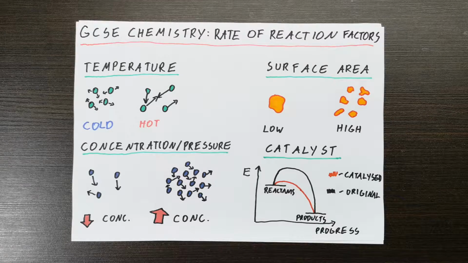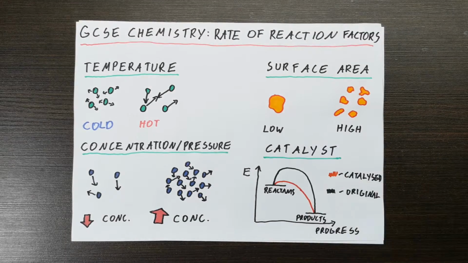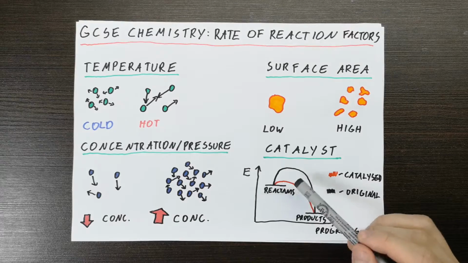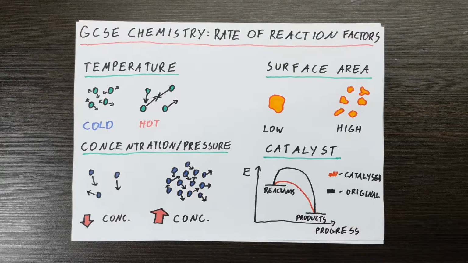They need to collide harder to be able to actually react. Whereas the presence of a catalyst provides them another route, another pathway that they can take that requires lower activation energy. So in the presence of a catalyst, molecules need to collide with much lower energy in order to be able to react.